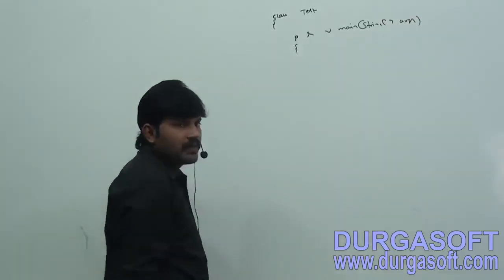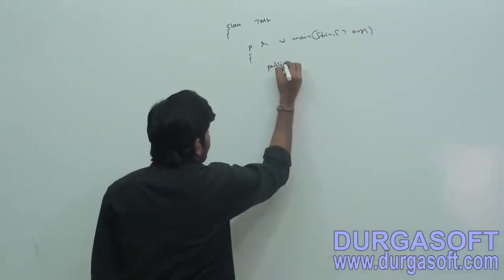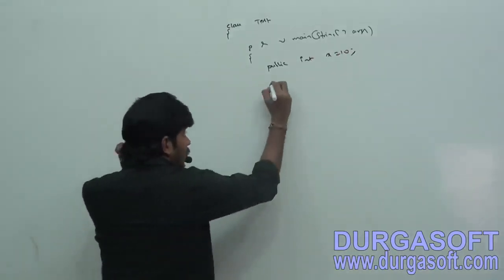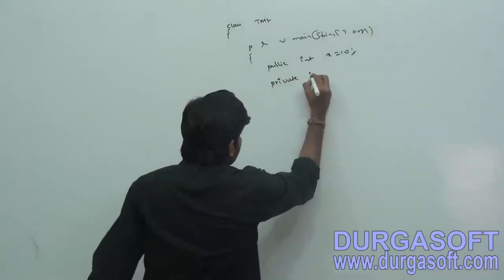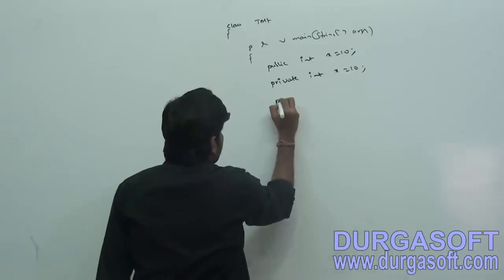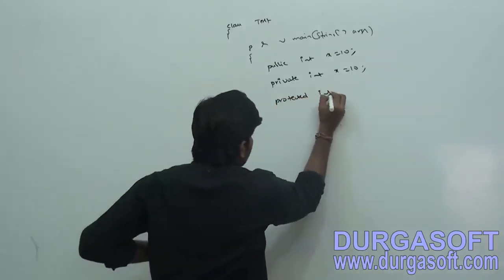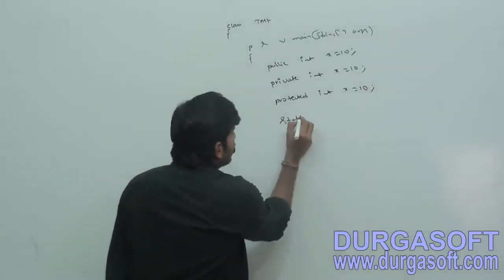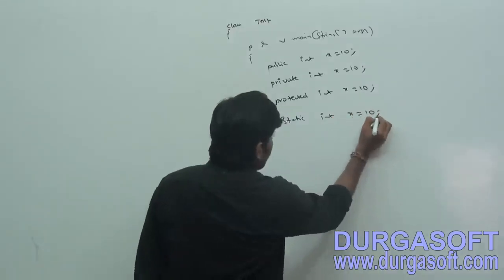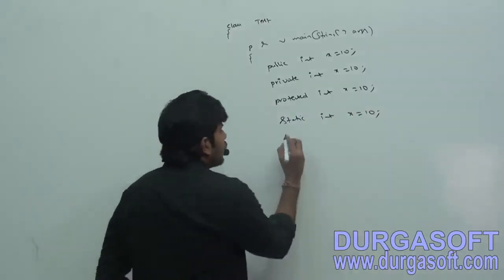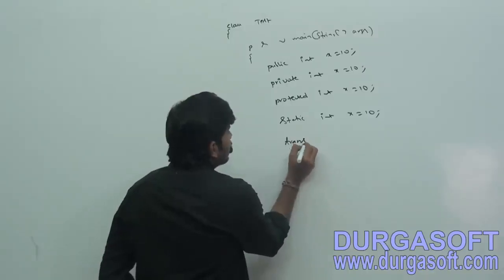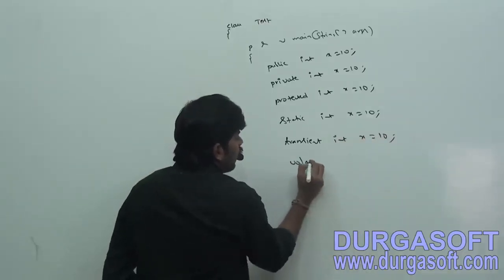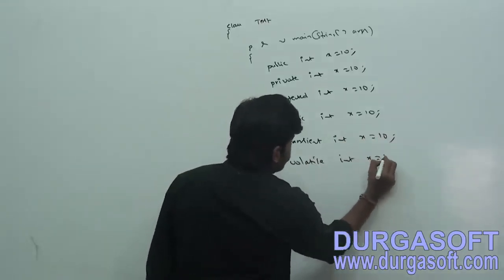Here, say public int x is equal to 10, or private int x is equal to 10, or protected int x is equal to 10, static int x is equal to 10, transient int x is equal to 10, volatile int x is equal to 10.